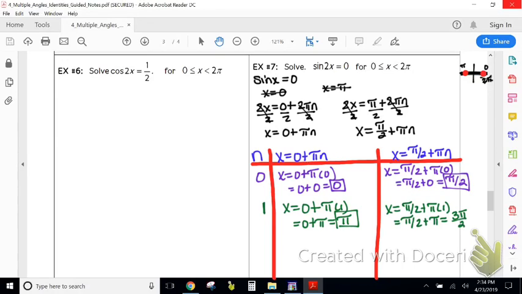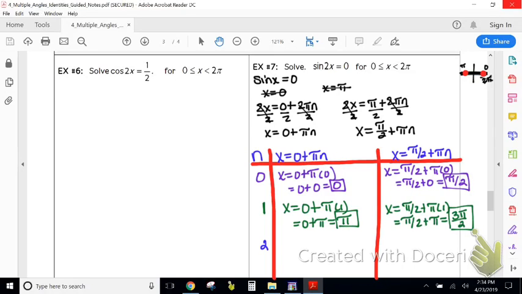Good. Is that between 0 and 2 pi? You had to get a common denominator because you're adding. So pi is 2 pi over 2. So on top you have a 2 pi plus the 1 pi that we already had. That makes 3 pi on top over the common denominator.